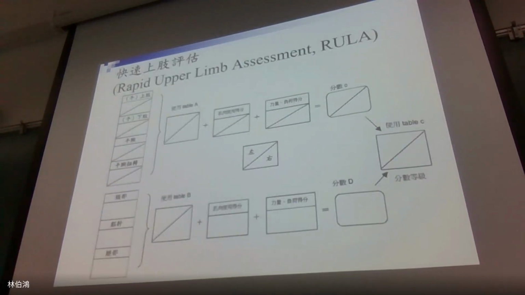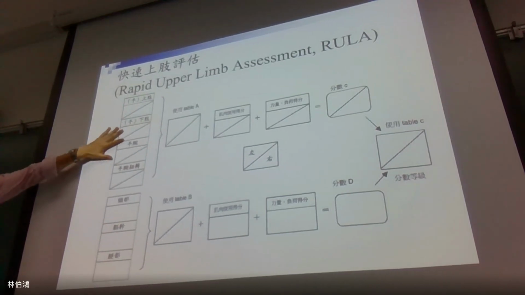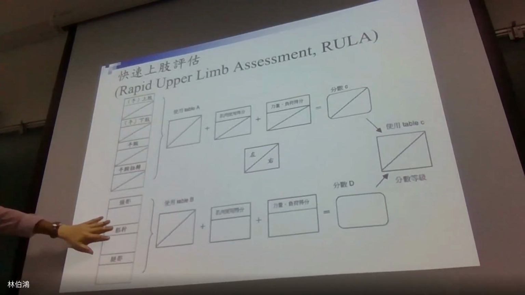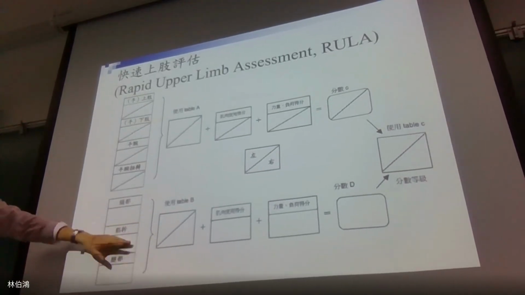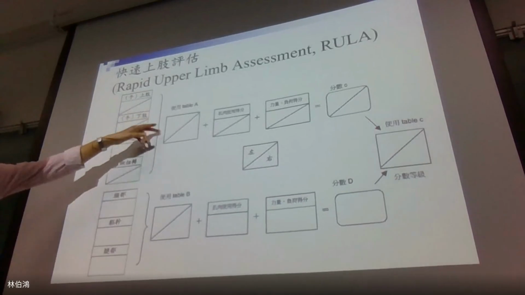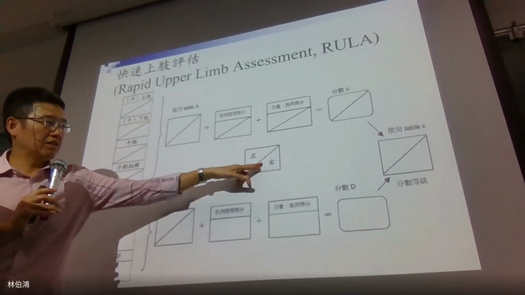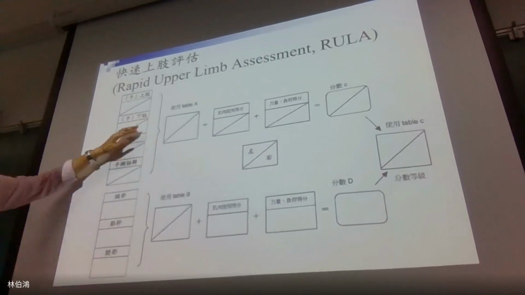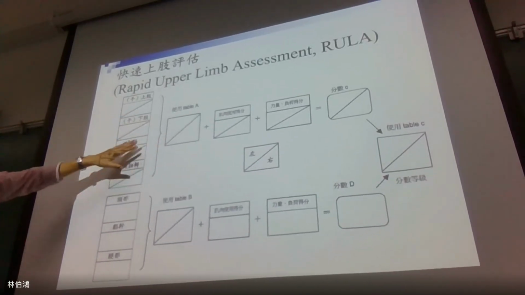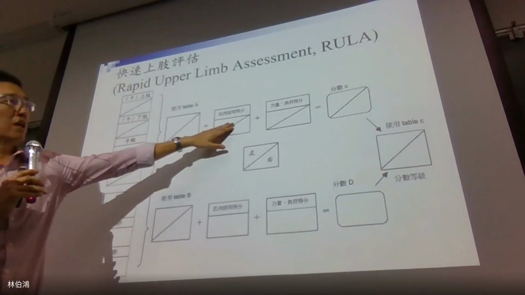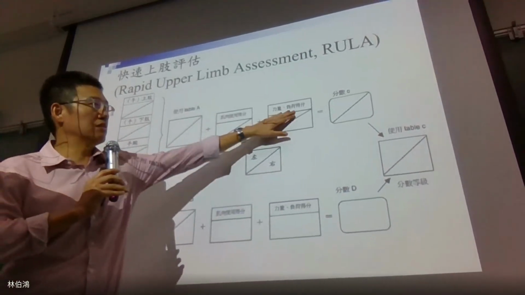So you can see this figure shows how to calculate the final score for RULA. This part is for the hand, and this part is for the neck, trunk, and also leg. You can see this is the right hand, left hand, and also the muscle score, strength, and the loading score.